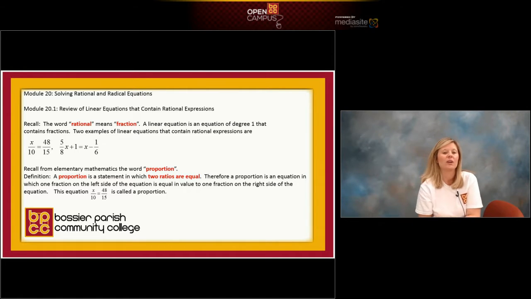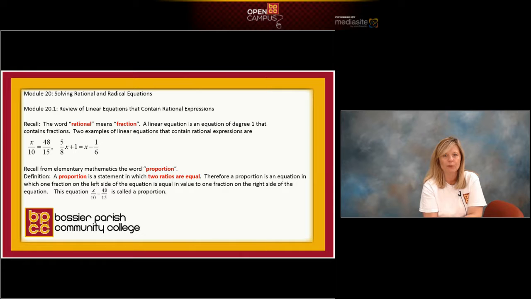The next equation, 5/8 x plus 1 equals x minus 1/6. It's an equation, it has an equal sign. It's linear because both x's are invisible exponents of 1, to the first power, but it's rational because it has fractions.